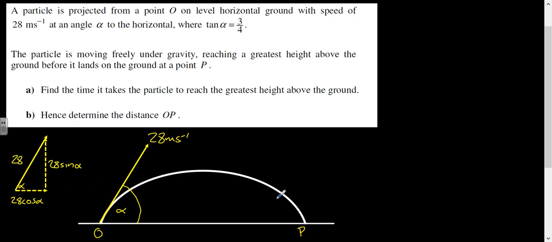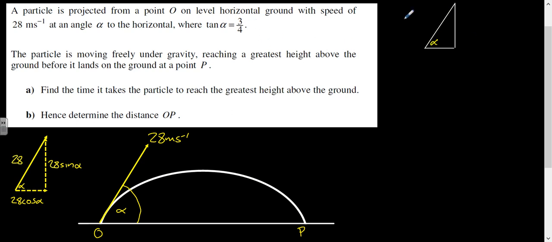So that's a part we need to figure in. The second thing we need to look at in this particular question is the fact that the angle has been given to us in terms of tan. I'm going to draw a separate little right-angled triangle here. This is nothing to do with the question, really. This is just a little demo of where we find sine and cos from. Here's our angle alpha.